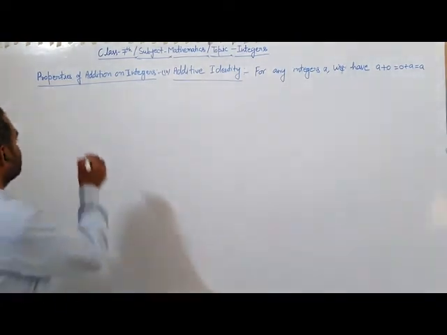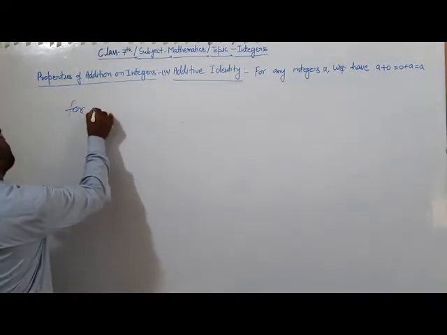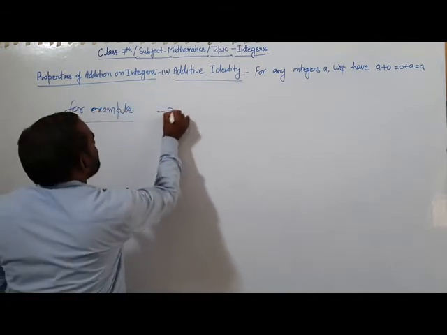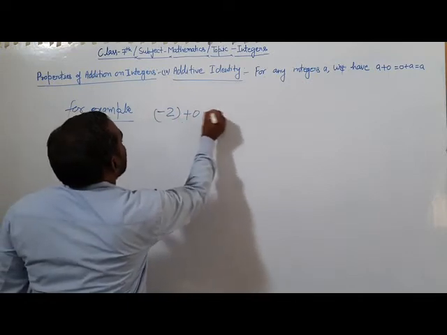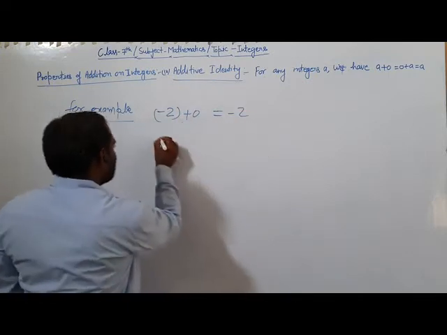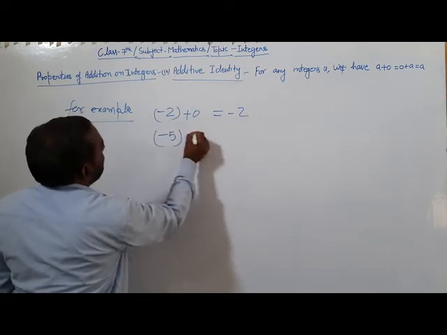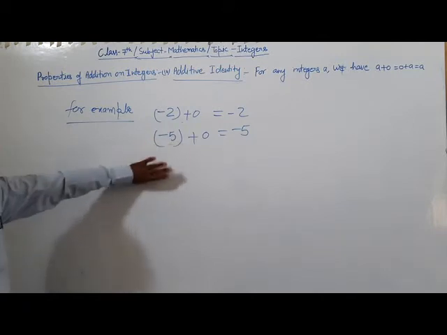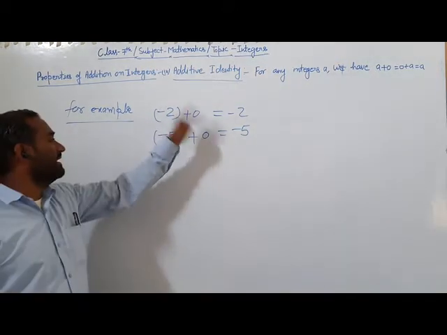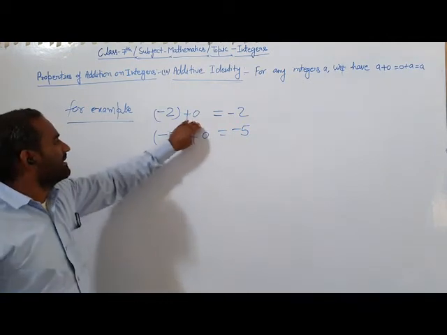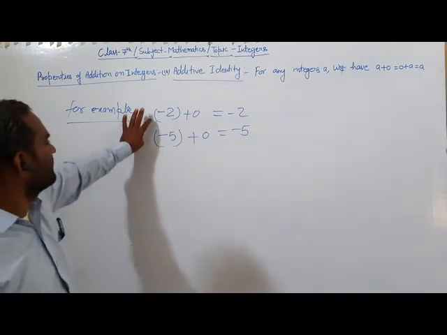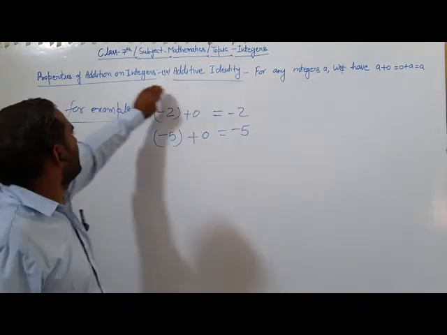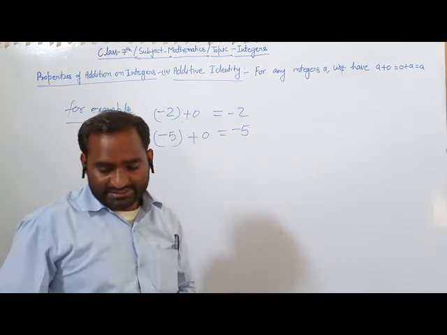For example, -5 plus 0 is equal to -5. Here, if we add 0 to any integer, it does not affect that integer. The integer is itself. So this is the additive identity of integers.